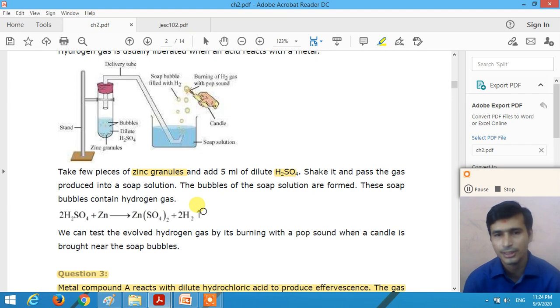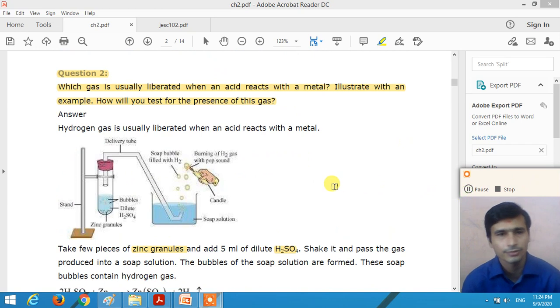How can the presence of hydrogen gas be tested? We can test the hydrogen gas by its burning with a pop sound when a candle is brought near the soap bubble, right? When we place a burning candle near the soap bubble which contains the hydrogen gas, it burns with a pop sound. Understand, dear student, the answer to question number 2.